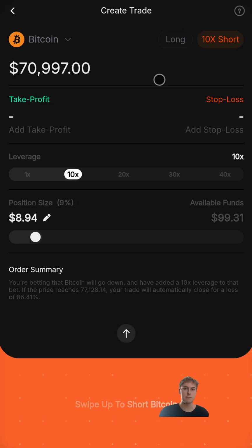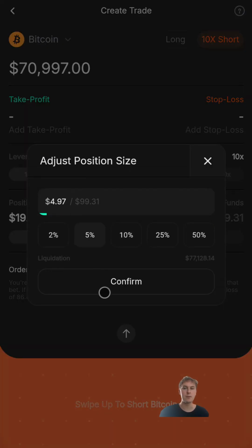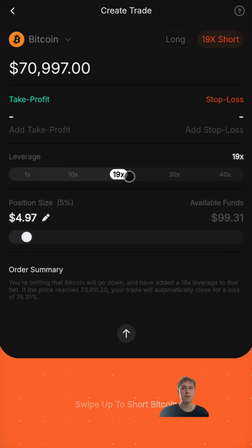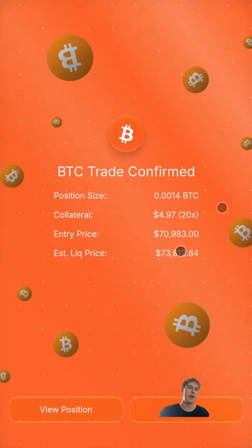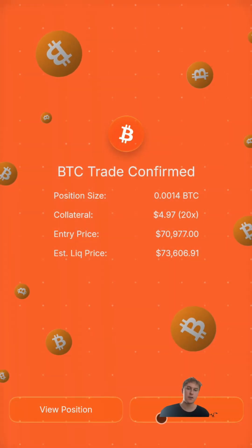If I created a strategy and I think Bitcoin's going to go down now, I could, let's say, put 5% of my portfolio. Maybe I want to do it at 20x leverage, swipe up, and now I'm in my own BTC short.